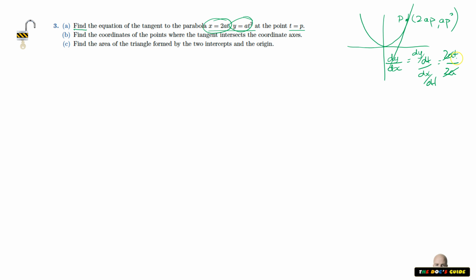And in this case, the value of the parameter at the point we're interested in is p. So therefore, the gradient of the tangent is p.